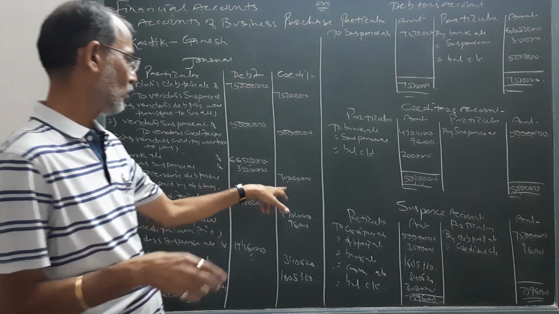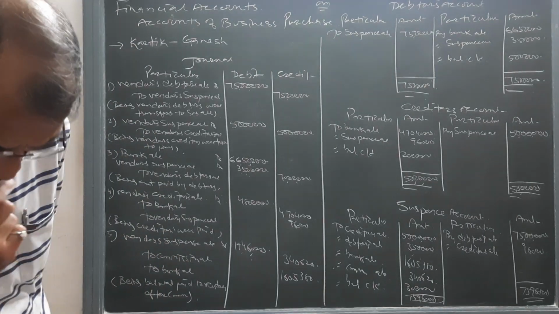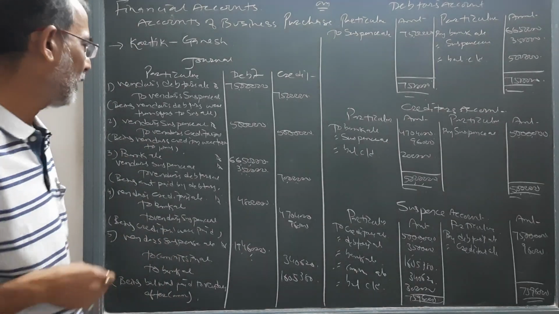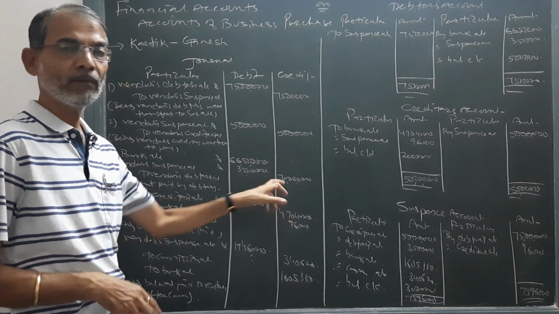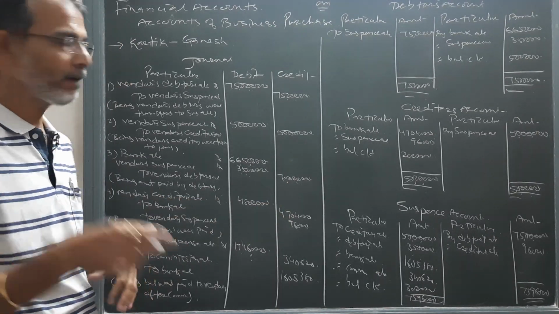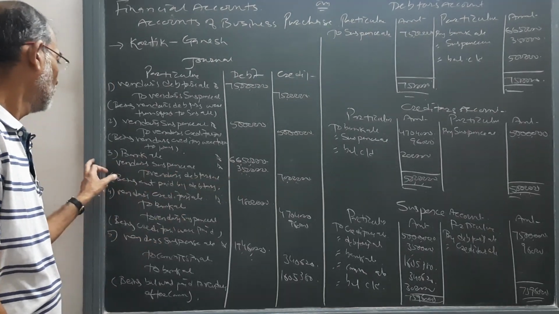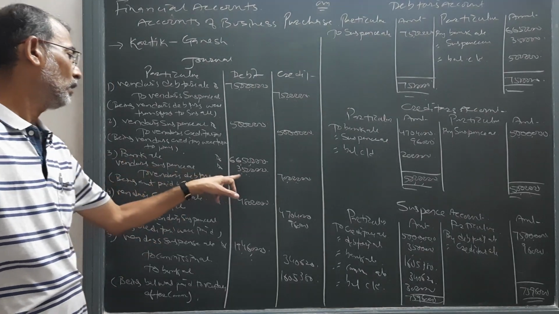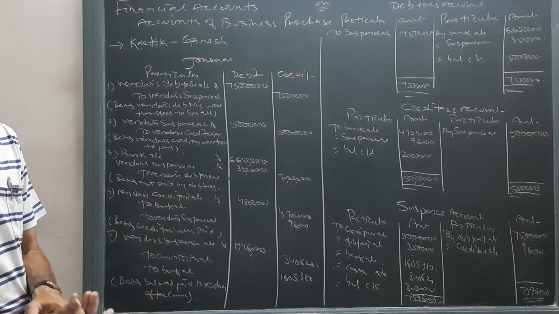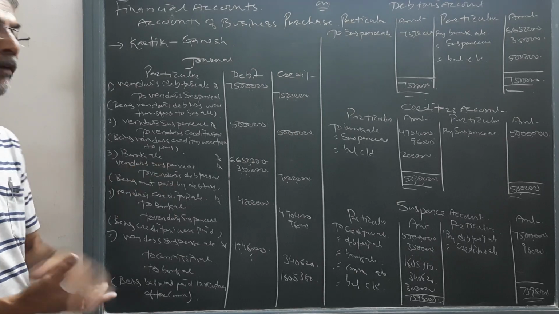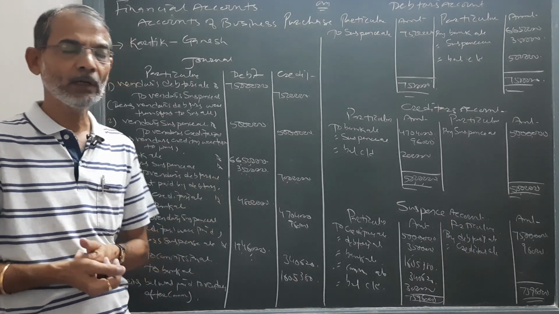So the balance of 70 lakh of debtors were cleared after 5% bad debts. So bank account debit: 5% will be deducted from 70 lakh, that will be 3 lakh 50,000. After debiting bad debts, 66 lakh 50,000 will be paid by the debtors. 3 lakh 50,000 will be debited to suspense account and debtors of 70 lakh will be cleared.